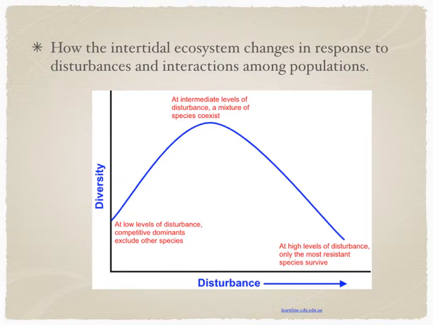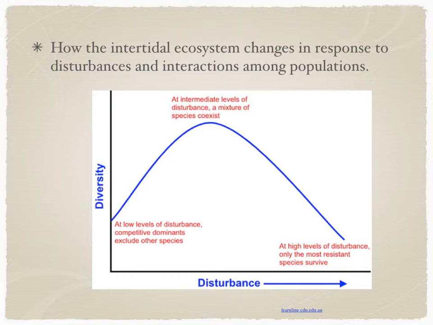Let's talk about these concepts. First, how the intertidal ecosystem changes in response to disturbances and interactions among populations. The graphic below illustrates how disturbances control populations in the intertidal.